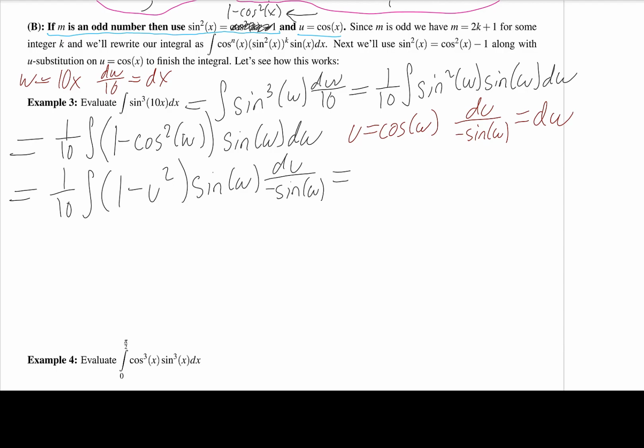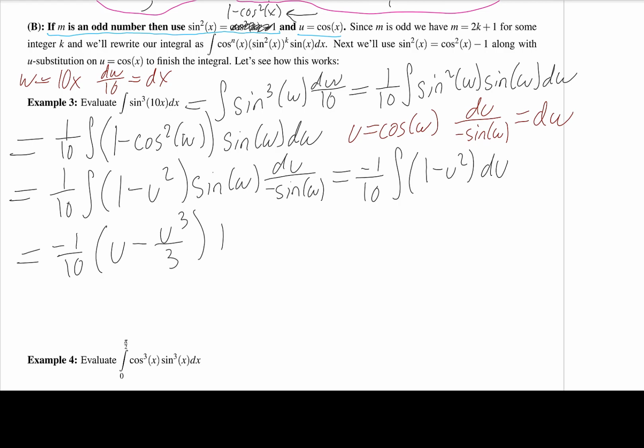So I'm going to pull this negative out, so this will become a negative 1/10. And then we'll have the integral of just 1 minus u squared du. So then this is negative 1/10 times u minus u cubed over 3 plus c. So we make our first substitution, which is for u. u is equal to cosine of w.